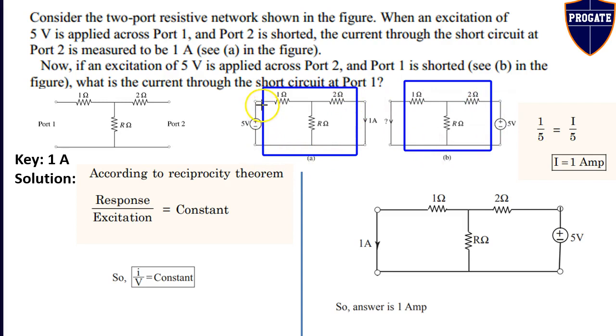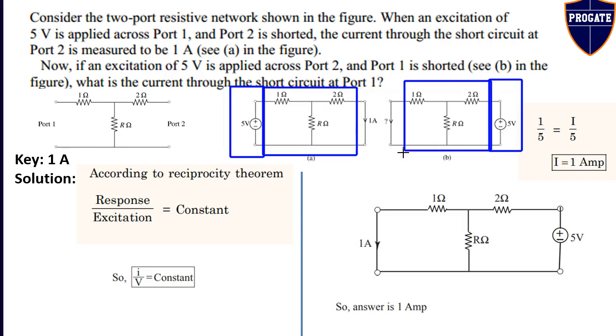The only difference is that in figure A, the source is connected at port 1 and the short circuit current is measured at port 2, whereas in figure B, the same 5 volt voltage source is connected at port 2 and the short circuit current is measured at port 1.